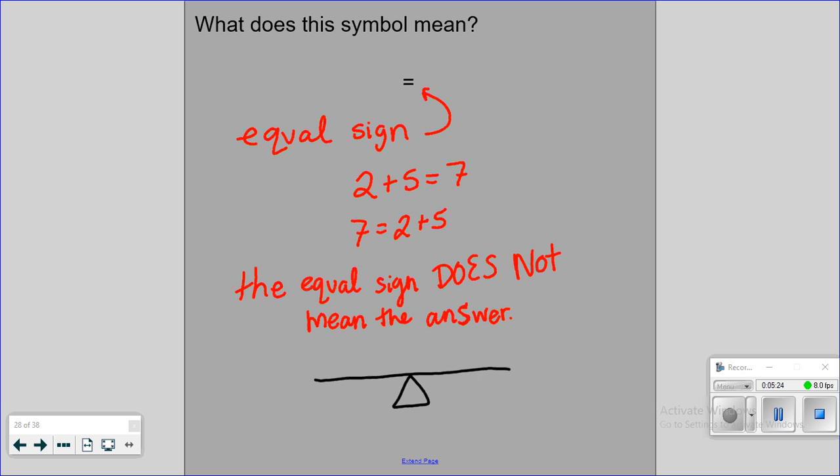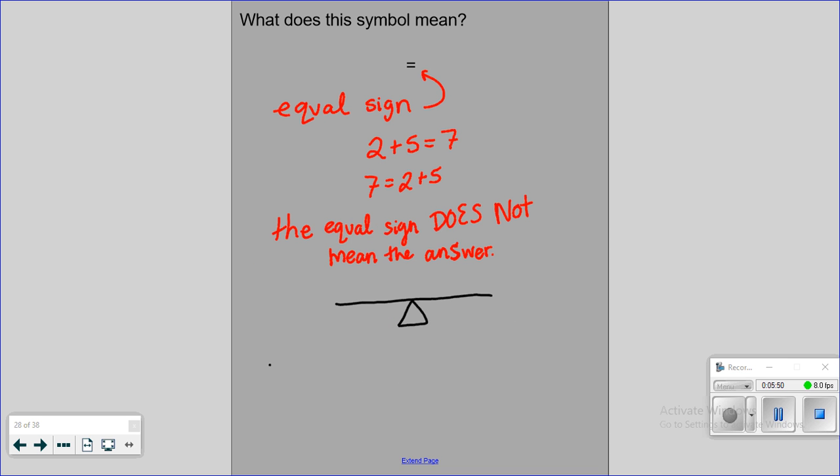The middle of my balance, where that triangle is, is my equal sign. So if my equation is balanced, then it is equal, meaning that equal sign shows that both sides are worth the same.